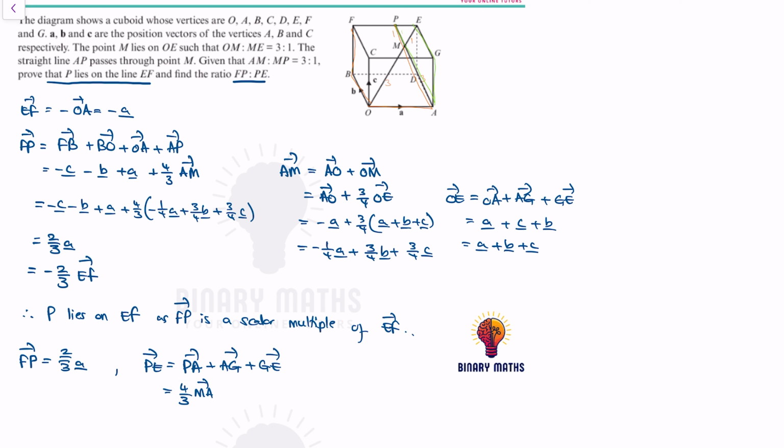AG is just C, and GE is just B. Now MA is the opposite of AM, so it's 1/4 A, in the opposite direction, so I change the sign: minus 3/4 B, minus 3/4 C, plus C plus B.